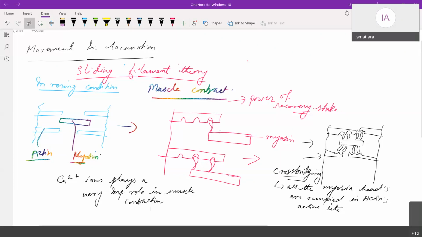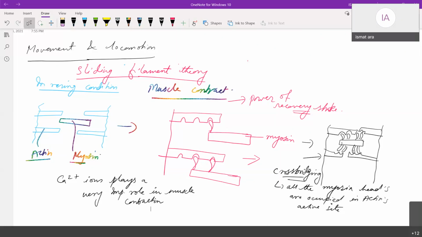Now, clear with the sliding filament theory, students? One more thing I have to tell you: when the cross bridging has already formed, as you told me, ma'am, the A band retains its length, the I band reduces.